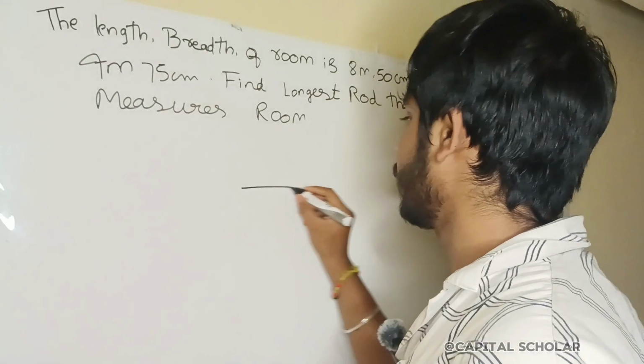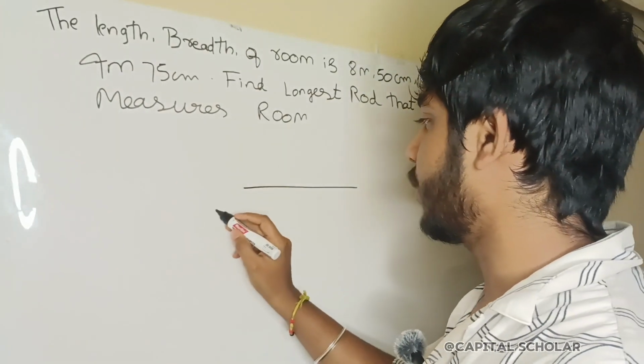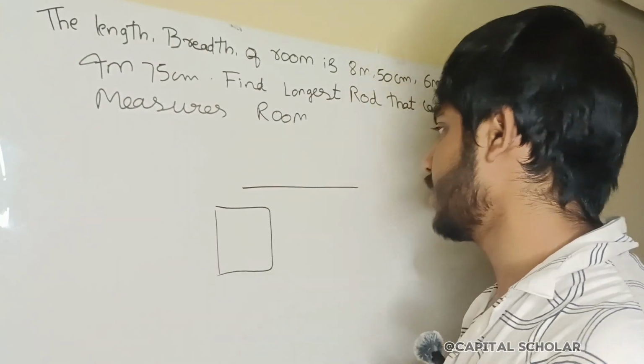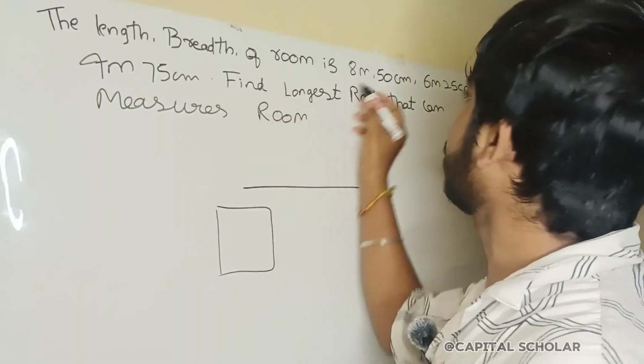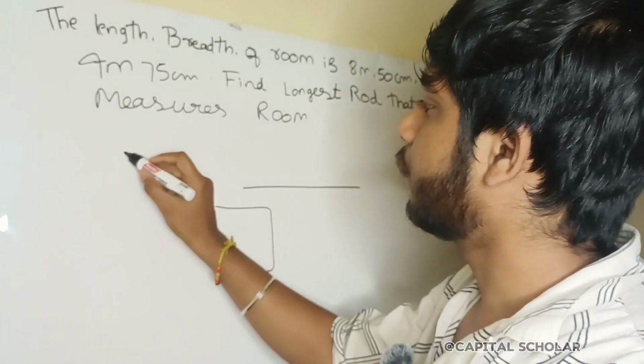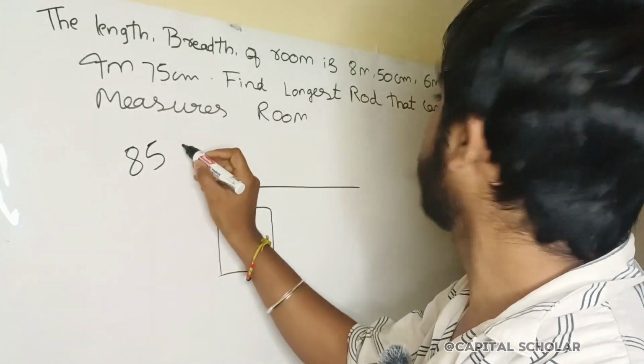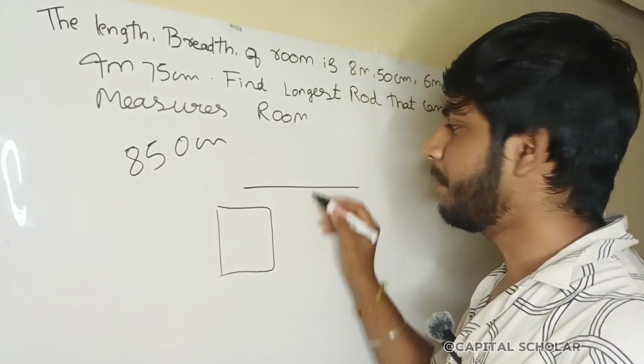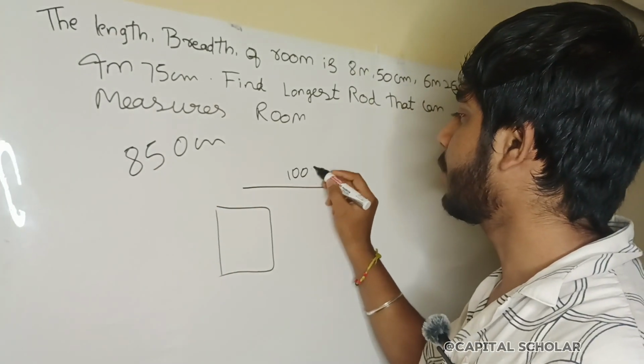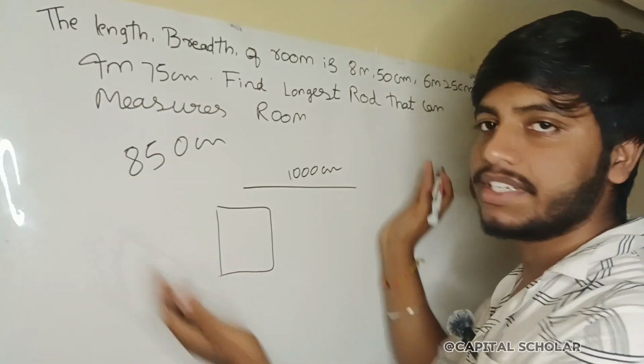Rod means this is the rod. Suppose this is a room. If the first room's length is 850 centimeters, you can't measure 850 centimeters with a 1000 centimeter scale, right?